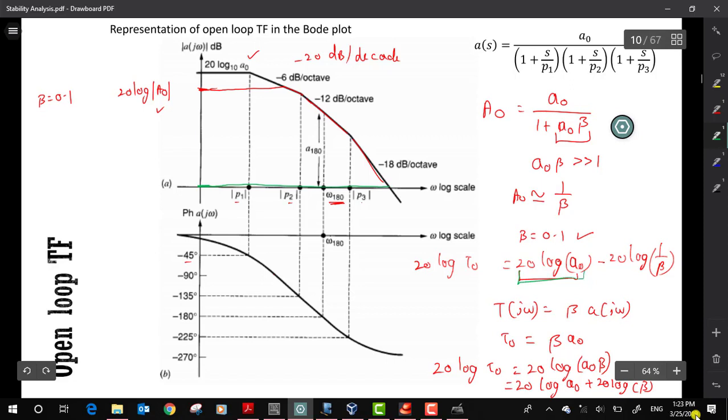What is this quantity? 20 log of A naught is nothing but the DC gain of the open loop. What about 20 log of 1 by beta? We did some approximation, right? It is the closed loop DC gain.